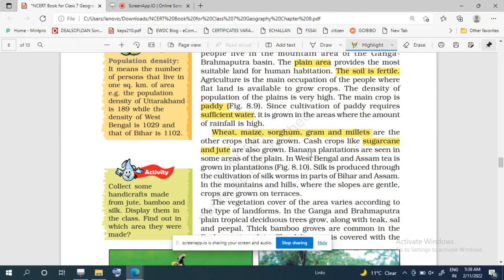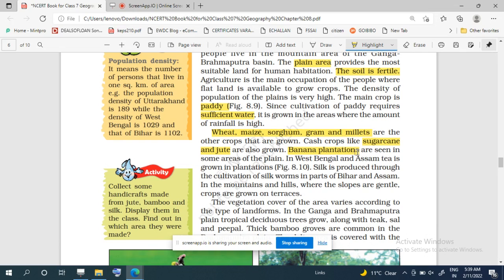Banana plantation is also seen here. You know, plantation. What is plantation? When the same crop is grown over a large area of land, then it is called plantation. एक ही सिंगल क्रॉप बहुत लार्ज एरिया में जब कमर्शियल पर्पज से प्रोड्यूस किया जाता है तो इसको हम प्लांटेशन कहते हैं, सिंगल क्रॉप, है ना.